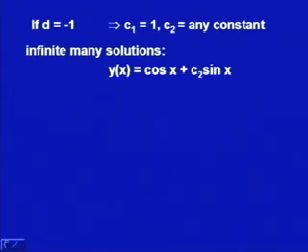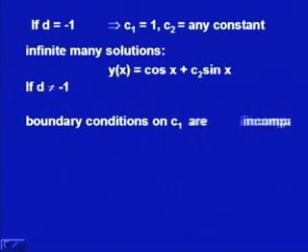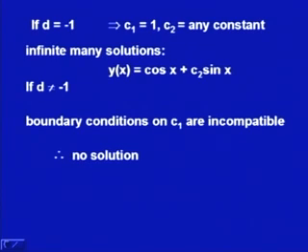Now, if d is not minus 1, what would I be getting? C1 is equal to 1 and C1 is equal to minus d, and since d is any value other than minus 1, I am getting two different values for C1, which says the boundary conditions are not compatible on C1. What it says is there is no solution for this boundary value problem.